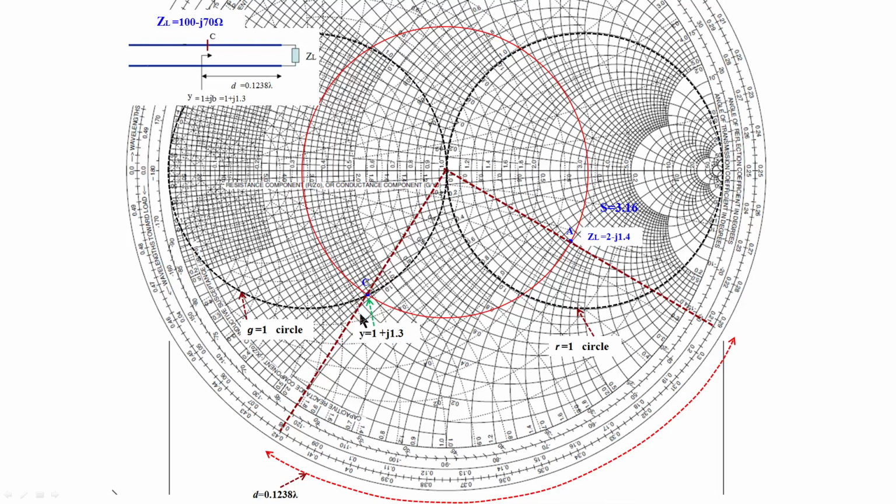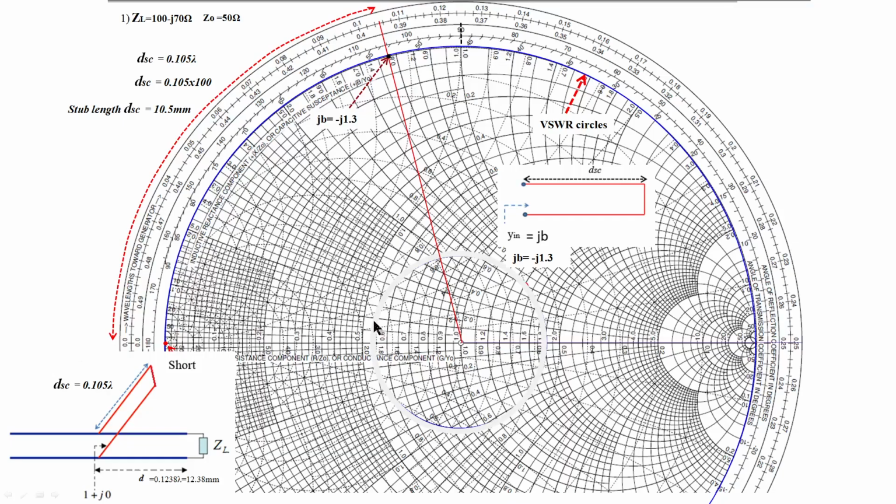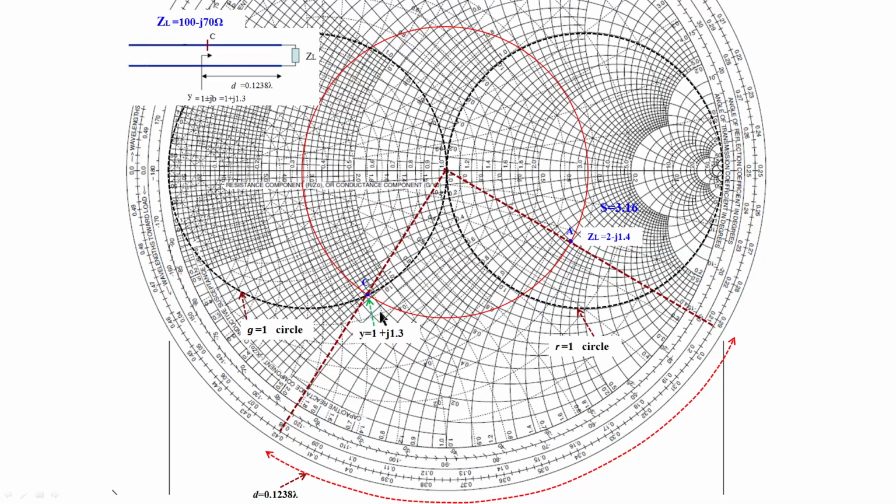There is one more circle in between: this is 1.2, this is 1.4, and the circle passing through this point is in between, so I took 1.3. It is plus 1.3 because the susceptance values are positive here.